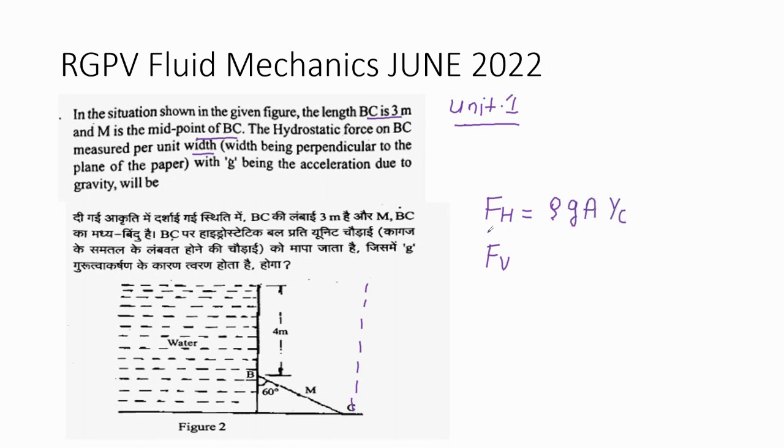Okay, for calculating FH, what we do, we project this surface on a vertical plane, and we calculate FH. And for calculating FV, we calculate the weight of fluid over the surface.